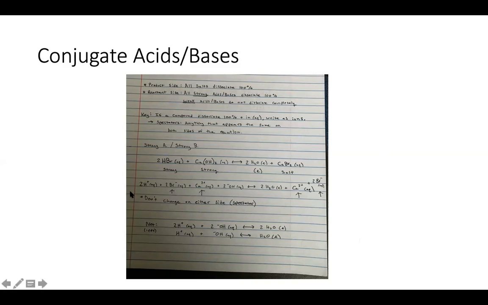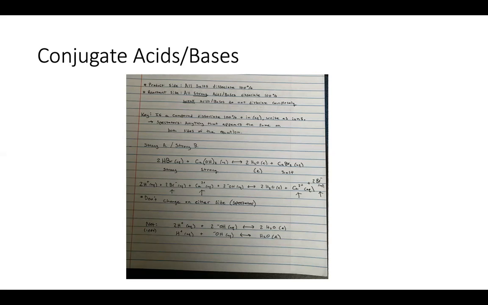When writing a net ionic equation, we can look at the product side and the reactant side. For the product side, we assume that all salts dissociate 100%. Remember, a salt is any compound with a positively charged cation portion and a negatively charged anion portion that aren't H plus or hydroxide.